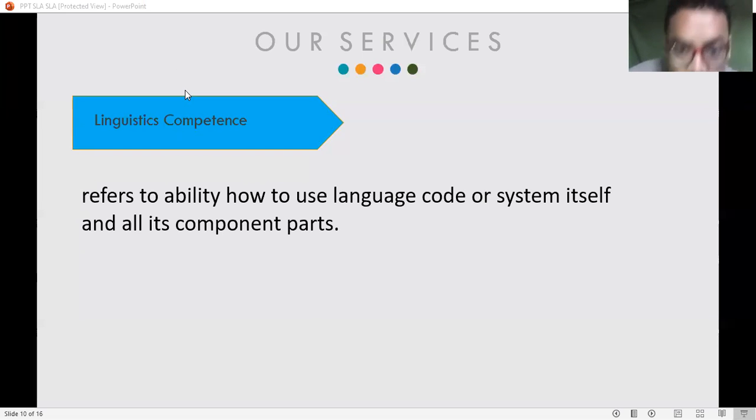Syntactic consists of phrase structure, word order, both canonical and marked, basic sentence type, modification, coordination, subordination, and embedding. For example, the sentence I have a book. We have to analyze each word. For example, I is the subject noun, have is the predicate verb, and a book is the noun phrase. So that is syntactic.